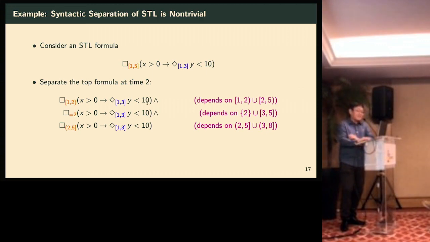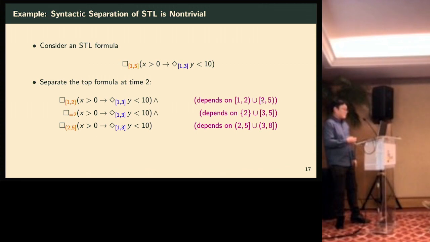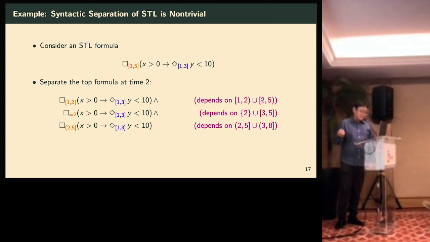And similarly for the second one, its truth depends on 2 because x greater than 0 depends on 2, and then 3 to 5 because this one depends on 3 to 5, and so on. Therefore, each part has some overlapping. So this natural separation cannot provide total independence.